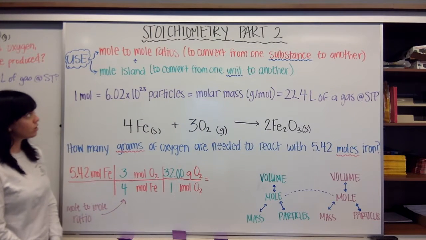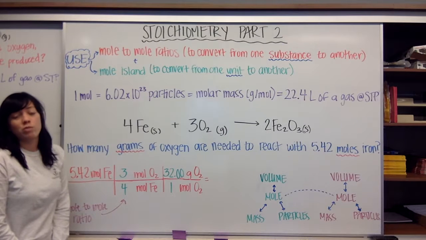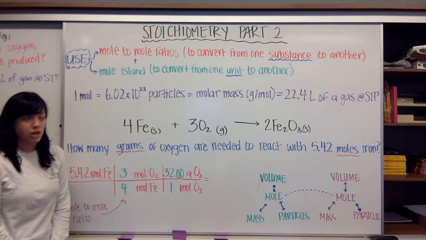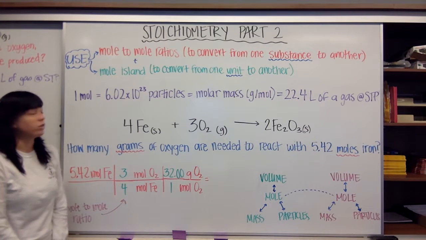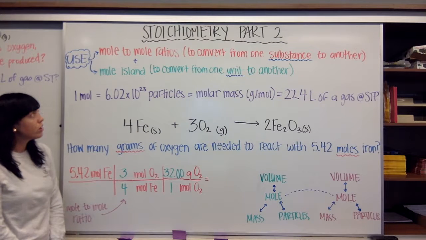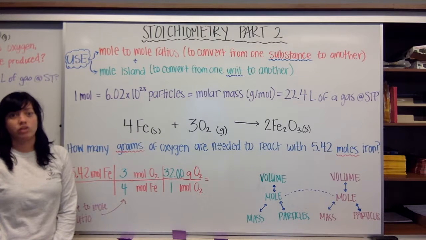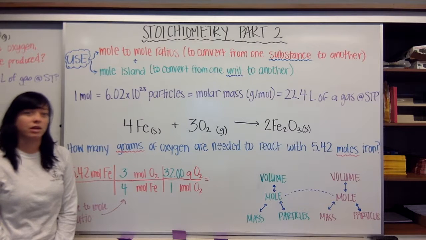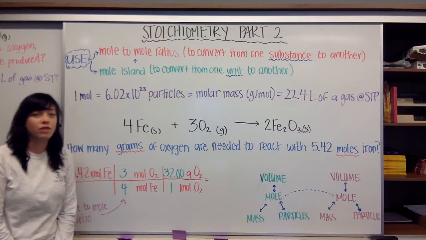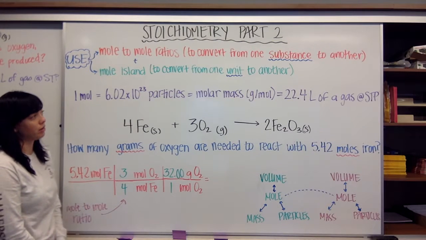So, remember, going from one substance to another, we're always going to use that mole-to-mole ratio. Now, we're also going to be using the rest of our mole island conversions in order to figure out what our mass might be or what the volume might be of a reactant or product also.